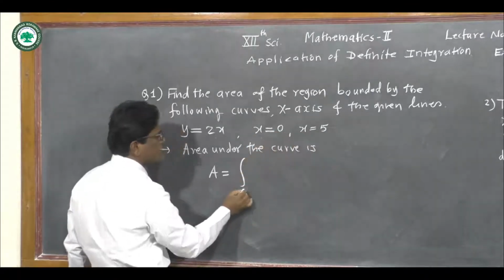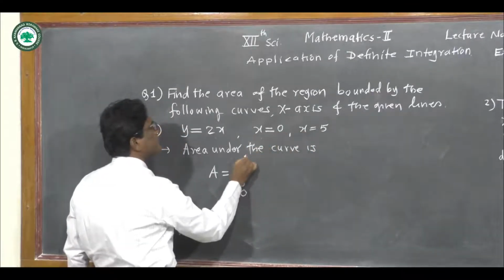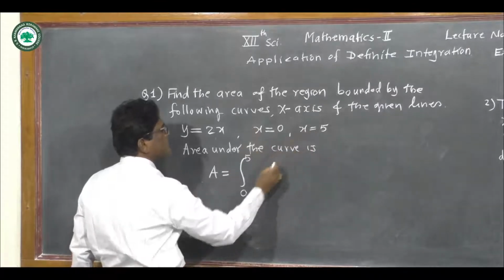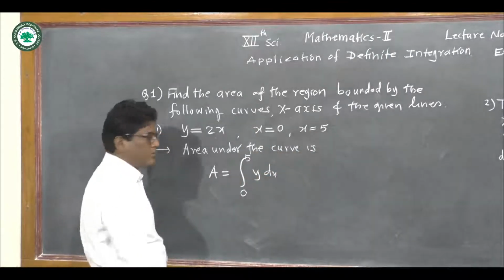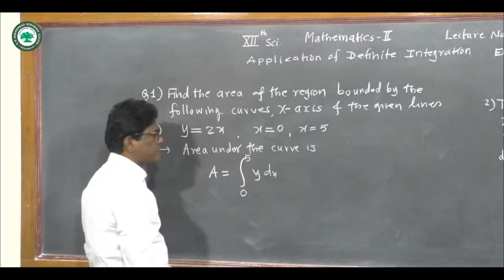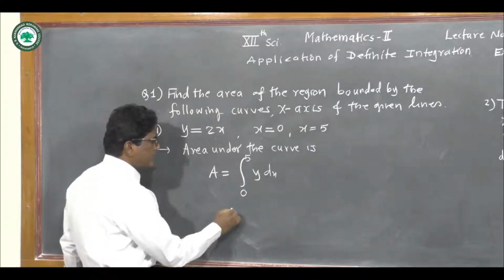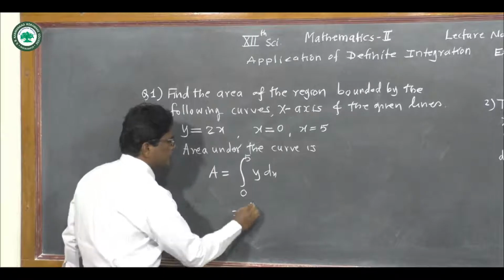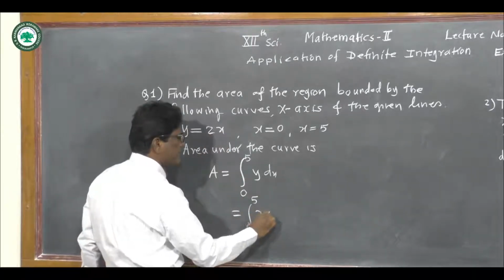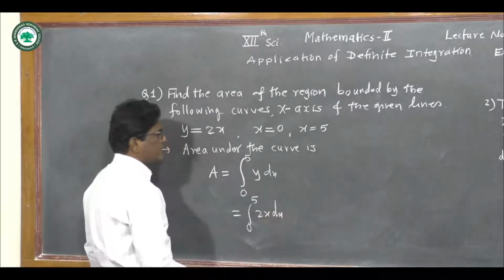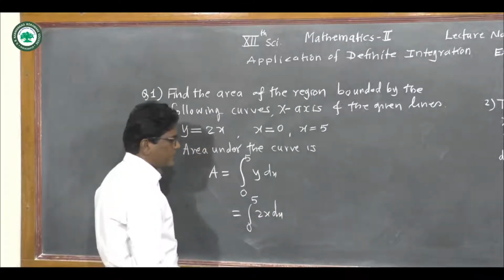So lower limit is 0, upper limit is 5, and these are the values of x. So here we take y dx. Formula is y dx. So it is equal to integration from 0 to 5, put the value of y, that is 2x dx. This is a straight line.